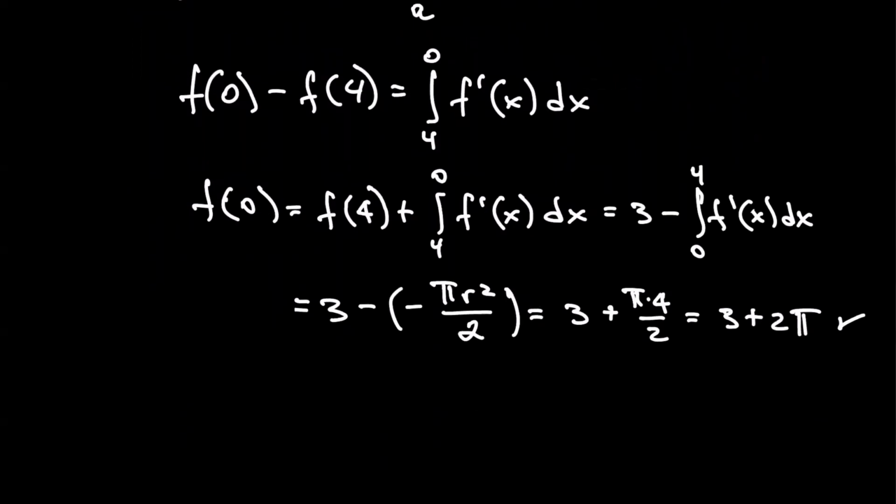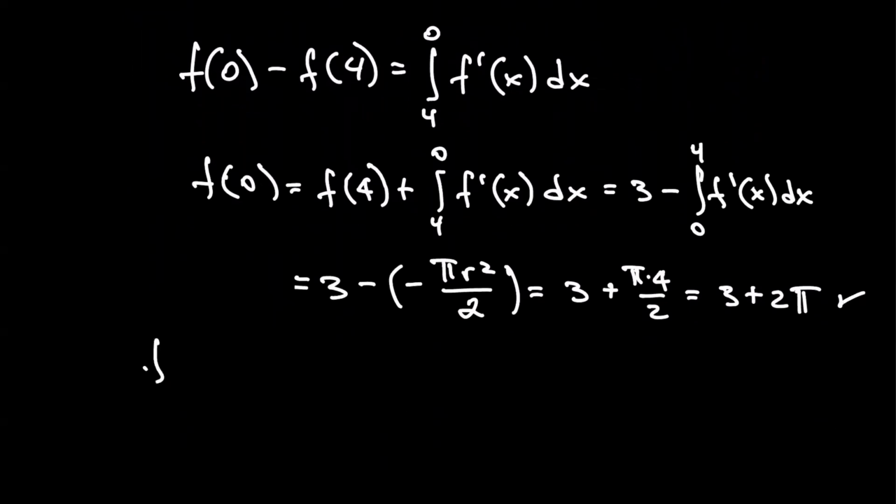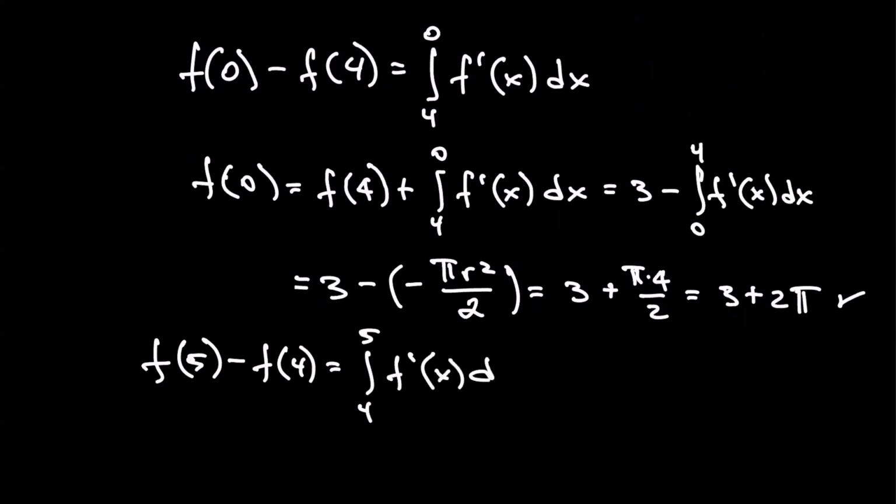Let's similarly find the value of f of 5. f of 5 minus f of 4 is equal to the integral from 4 to 5 of f prime of x dx. And so f of 5 is equal to 3 plus the area under this curve between 4 and 5.